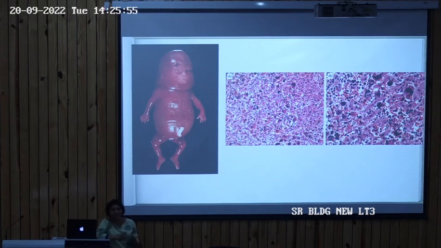So these feto-maternal causes are the ones which cause non-immune hydrops. And in that you get this kind of picture. The baby is grossly edematous or locally edematous, or some isolated organ like liver or lungs is edematous, something like that.